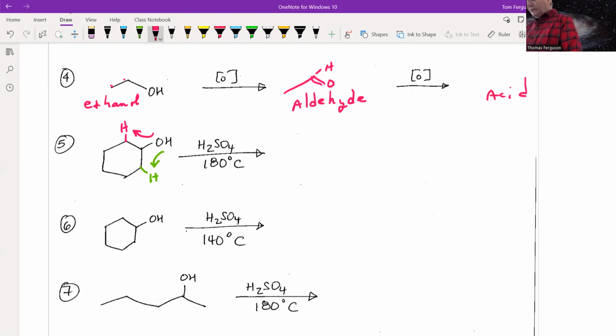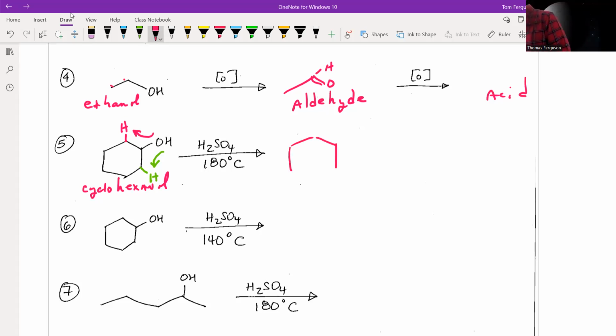And by the way, you have to, of course, name it as well. So this is going to be cyclohexanol. After it kicks out the water, it's going to end up being, so the double bond is going to be on either side of the OH group. So here, going to be one.